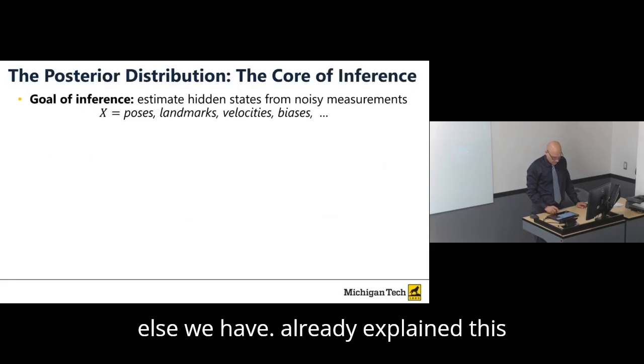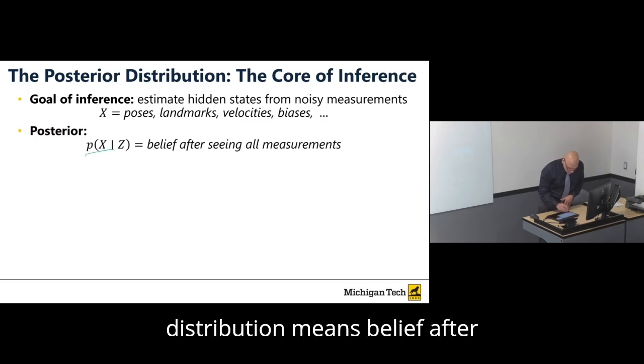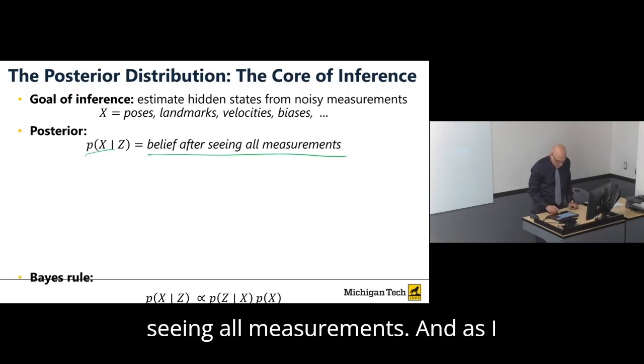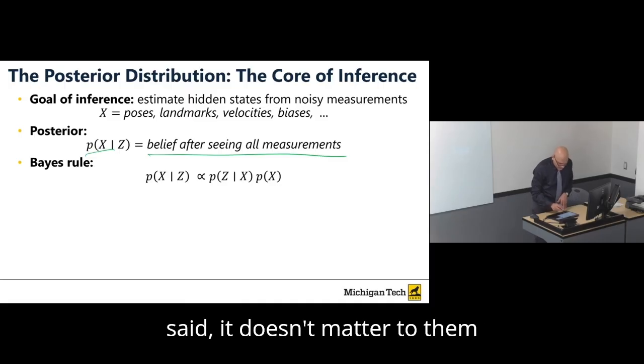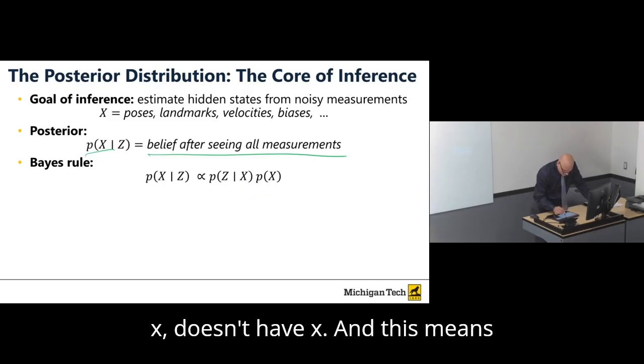Okay, so let's see what else we have. I already explained this, the posterior distribution. The posterior distribution means the belief after seeing all measurements. And as I said, P of z doesn't matter, because it doesn't have x.